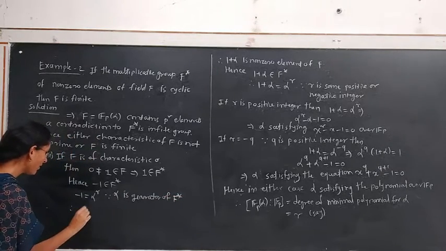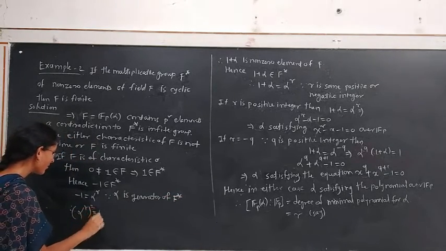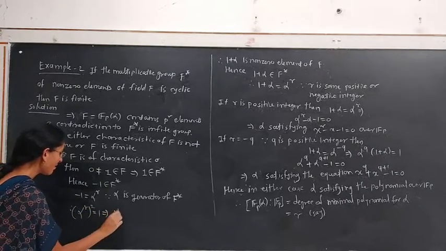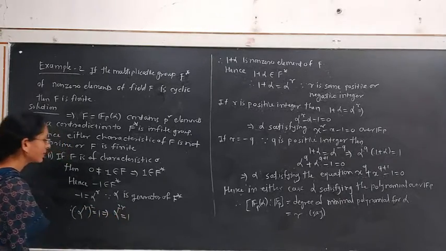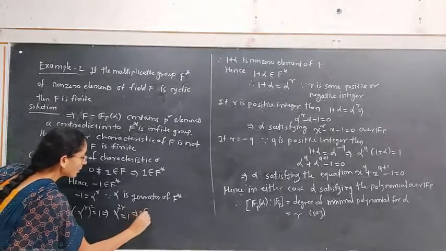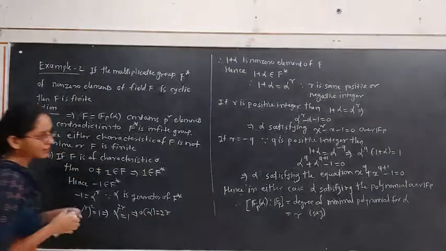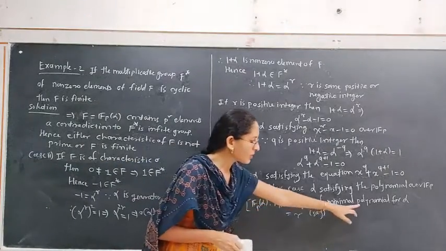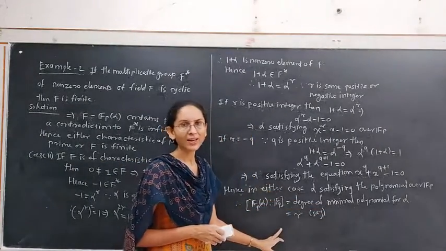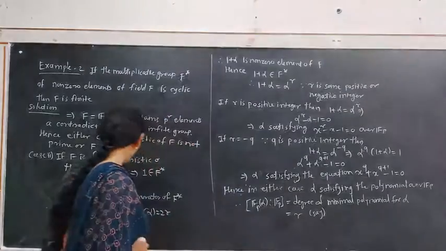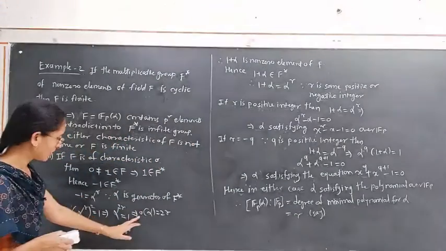Therefore, alpha raised to R, squared, is equal to 1. This implies alpha raised to 2R is equal to 1. This gives the order of the element alpha is equal to 2R. Since what is R? R is the degree of the minimal polynomial for alpha, which is a finite positive number.